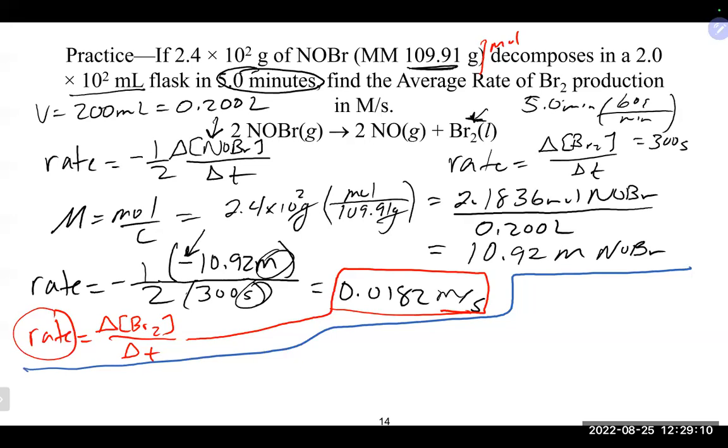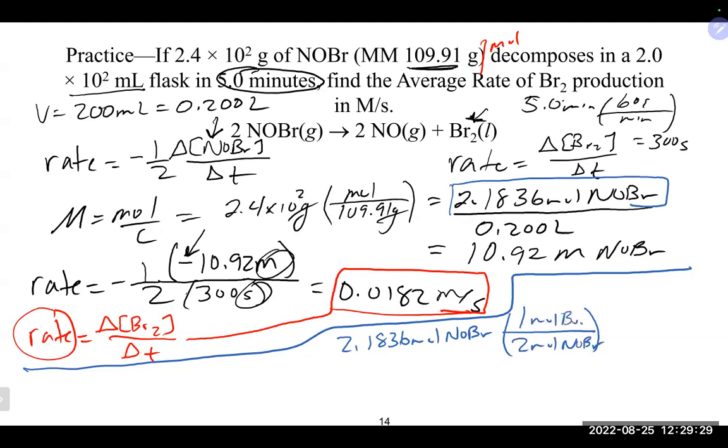So for example, you could take the moles that you got here, 2.1836 moles of NOBr, and then just do a basic stoichiometry problem. 2 moles of NOBr is 1 mole of Br2, and that would get you 1.0918 moles of Br2, which you then could divide by the 0.2 liters.